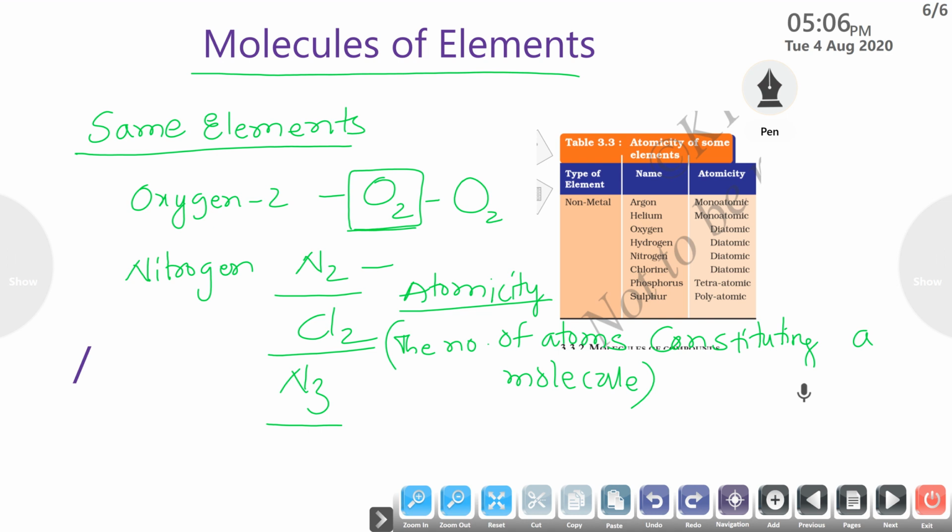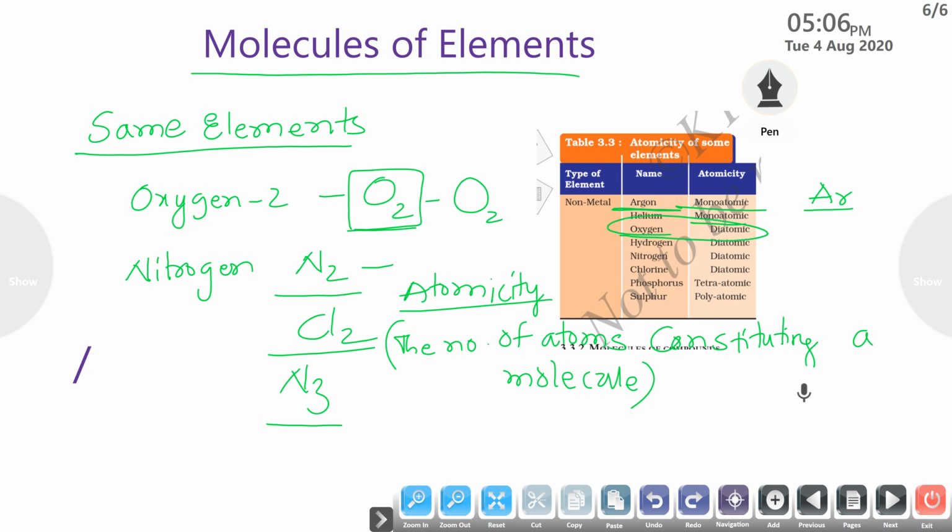Just focus on some of the examples. Argon is said to be monoatomic, that means in a molecule, argon participates singly. Helium is also monoatomic.